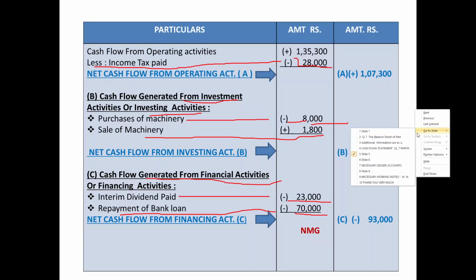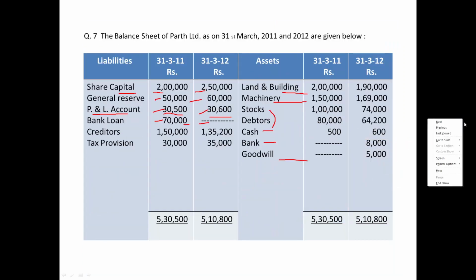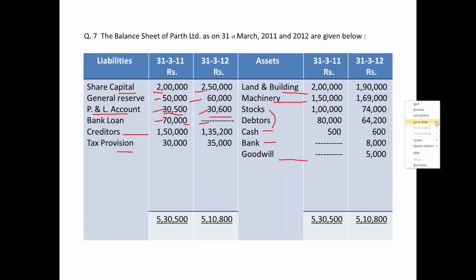Once again balance it after bank loan. Next item, creditors, an item of current liabilities. Wait, we will report it with current assets. Tax provision over. So this was the reading of the balance sheet.